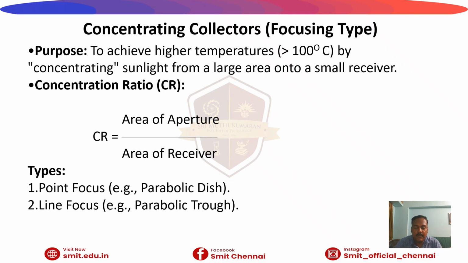The aperture means all the mirrors concentrating onto one area, which is called the aperture area, divided by the area of the receiver. Types: point focus and line focus. There are two types. One is point focus, example parabolic dish. Line focus is a parabolic trough.